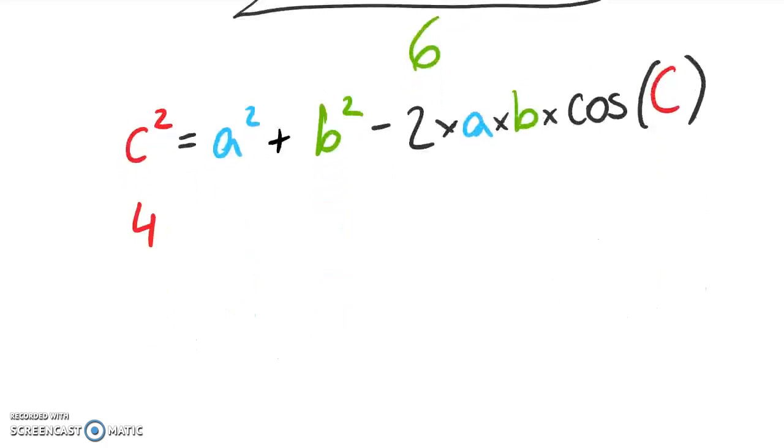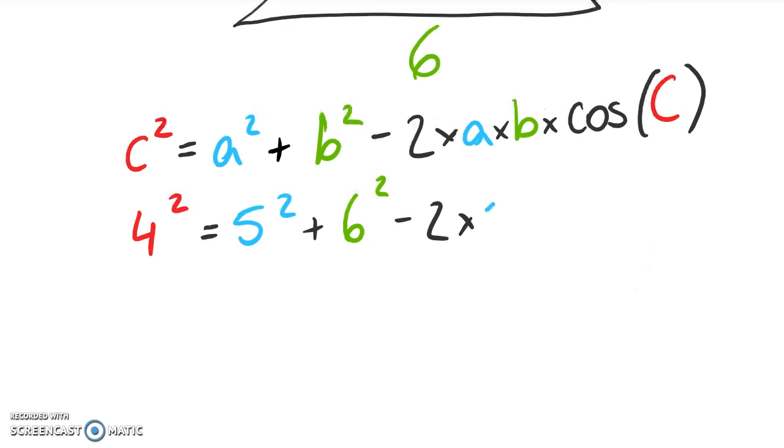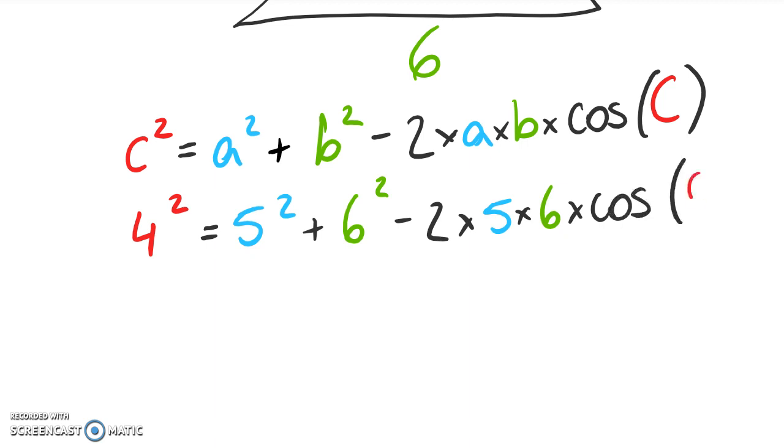We have 4 squared equals 5 squared plus 6 squared, take 2 times 5 times 6 times cos of C. Here we go. So we've got 4 squared equals 5 squared plus 6 squared, take 2 times 5 times 6 times cos of C.